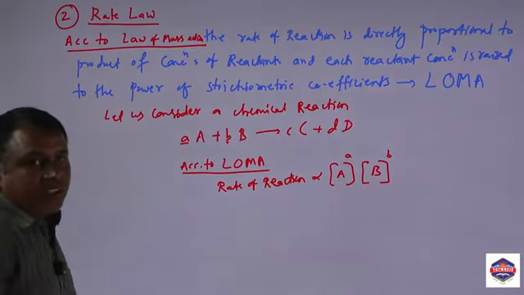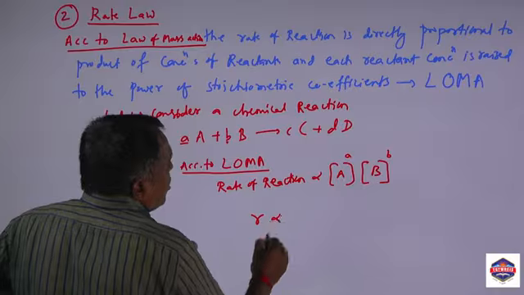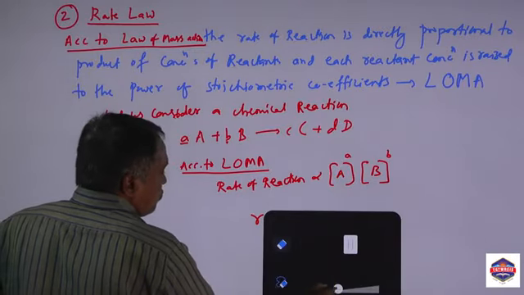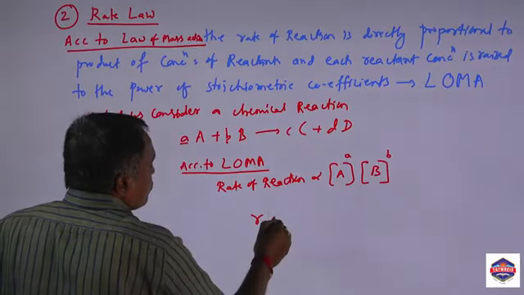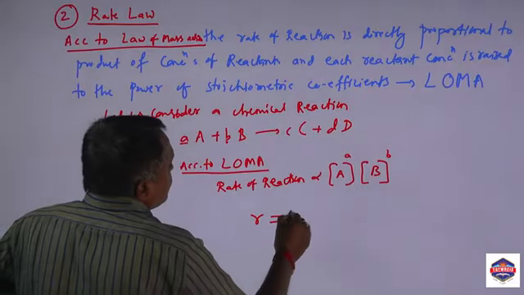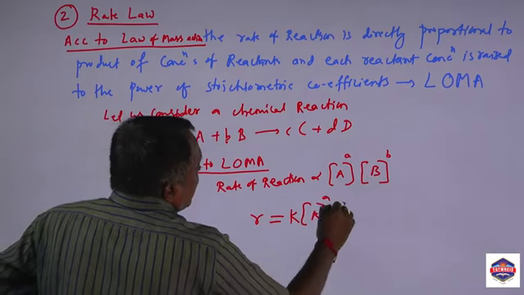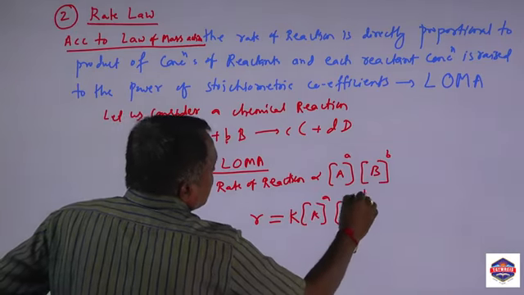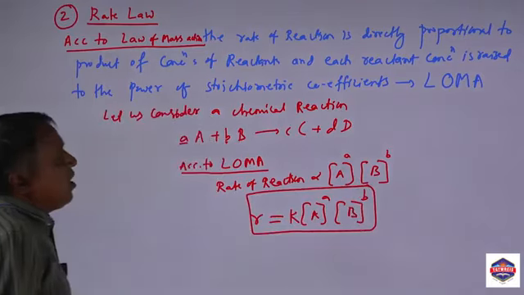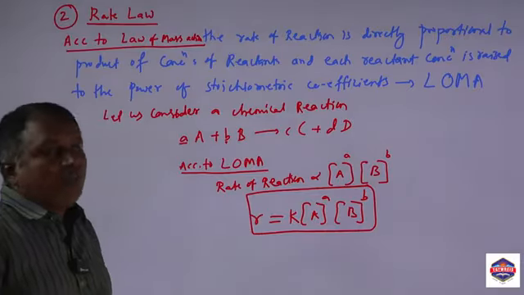This is the rate of reaction, R, which is directly proportional to this. So R is equal to one constant k into [A] power a and [B] power b. This is the rate equation as per the law of mass action.